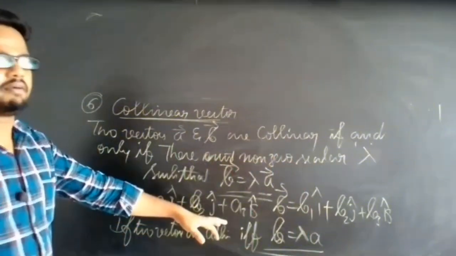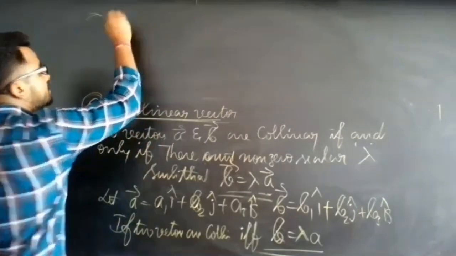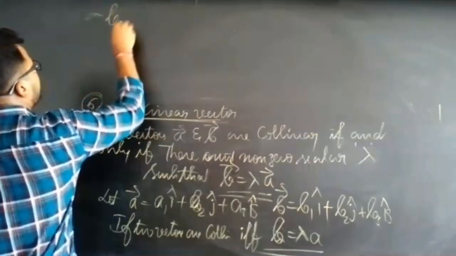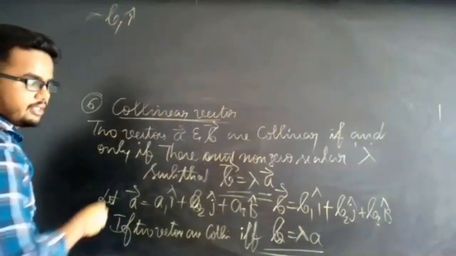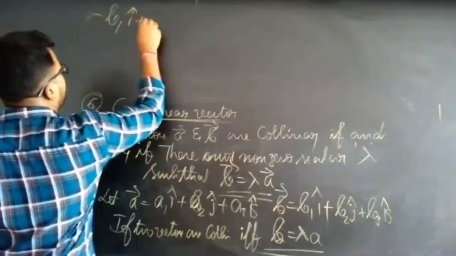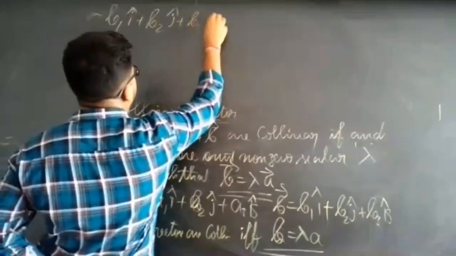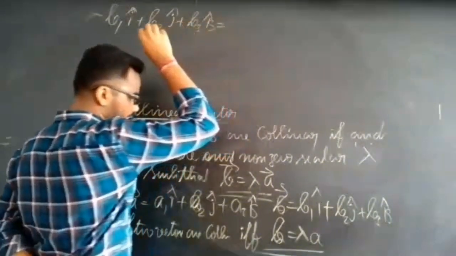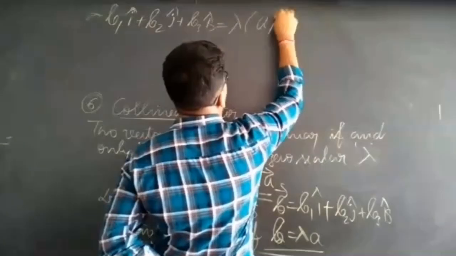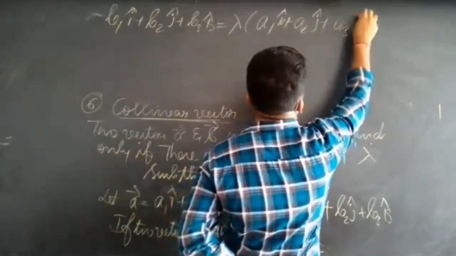Let me write the value of B: B1 i cap plus B2 j cap plus B3 k cap is equal to lambda times A1 i cap plus A2 j cap plus A3 k cap.